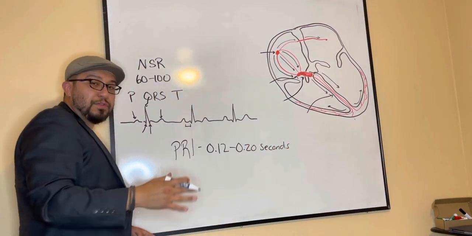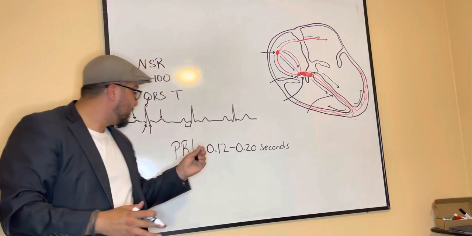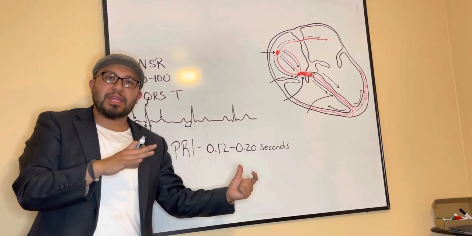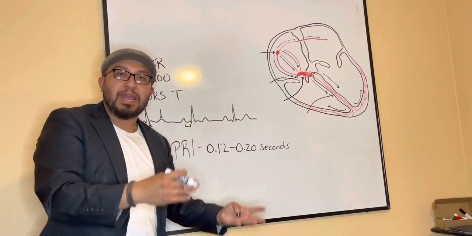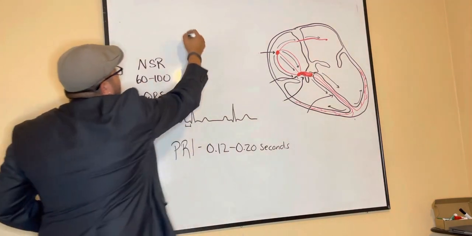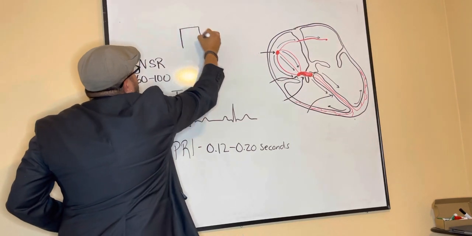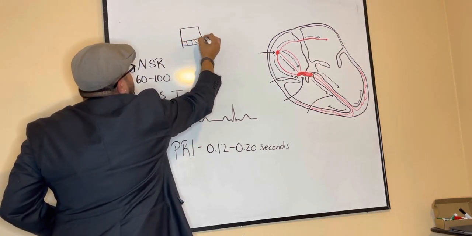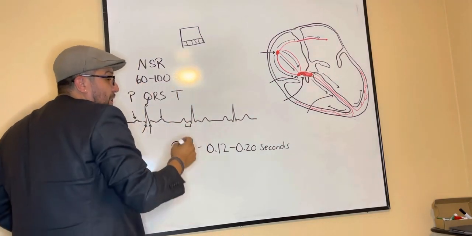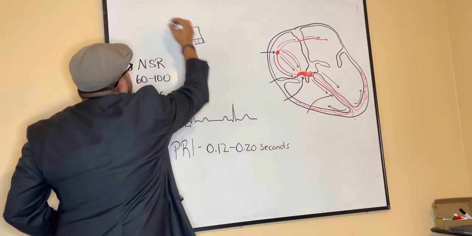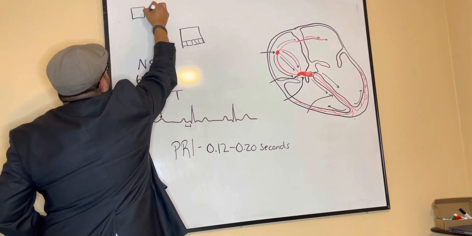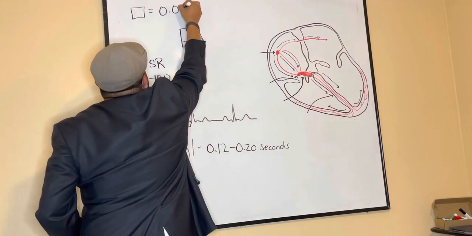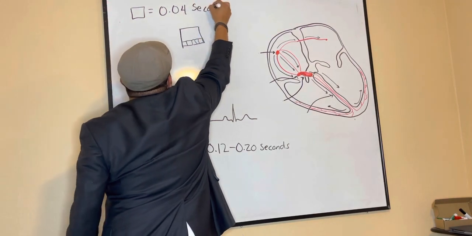For those of you that don't know what I'm talking about in regards to the 0.12, when you look at the graph sheet where the EKG readings are printed out, you have a graph that has large boxes and smaller boxes within. Keep in mind that the small box represents 0.04 seconds.